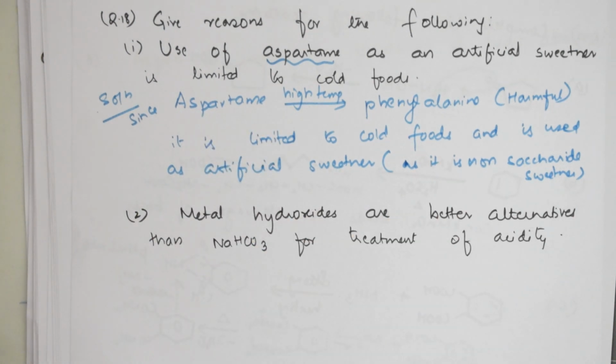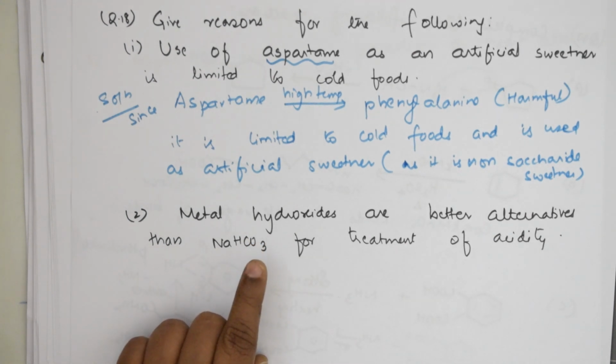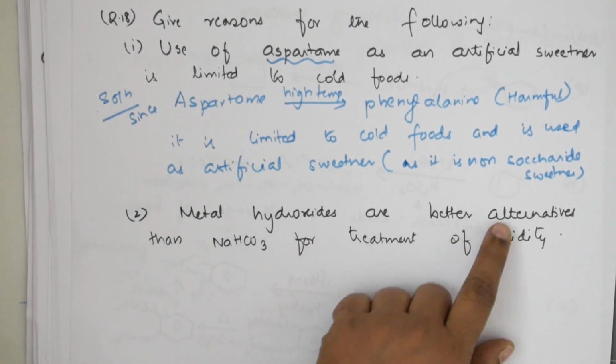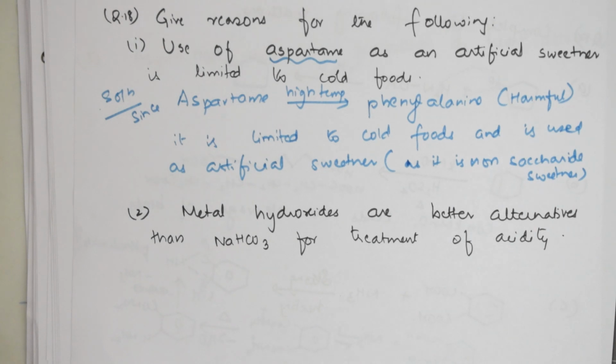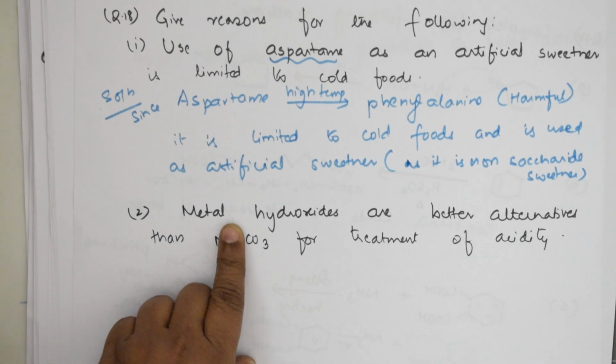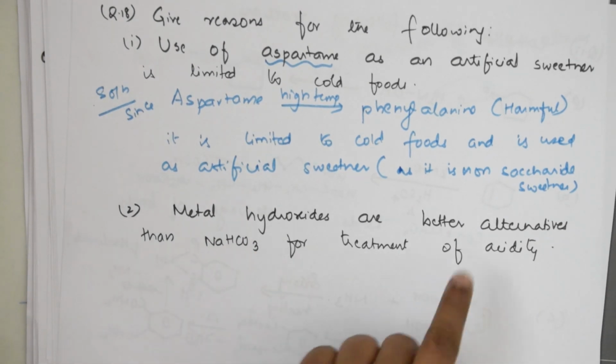Now, the next thing, what do they give me? Metal hydroxides are a better alternative than sodium bicarbonate for treatment of acidity. So here they said you're taking metal hydroxide and using it as an alternative for sodium bicarbonate in the treatment of acidity.